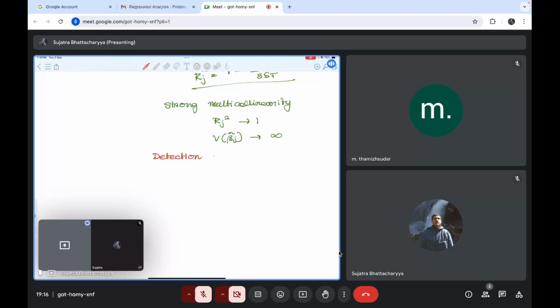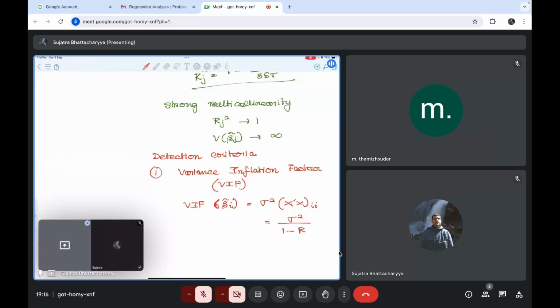Let's write detection criteria number one, which is the variance inflation factor, VIF. The definition is quite similar: the variance of a particular regressor beta i hat is sigma square times (X prime X) inverse ii, which is sigma square over 1 minus Ri square.